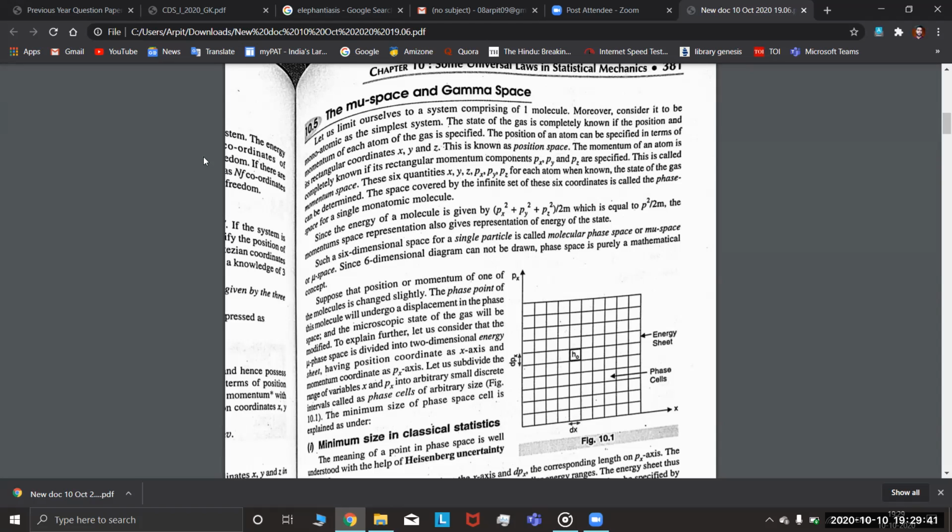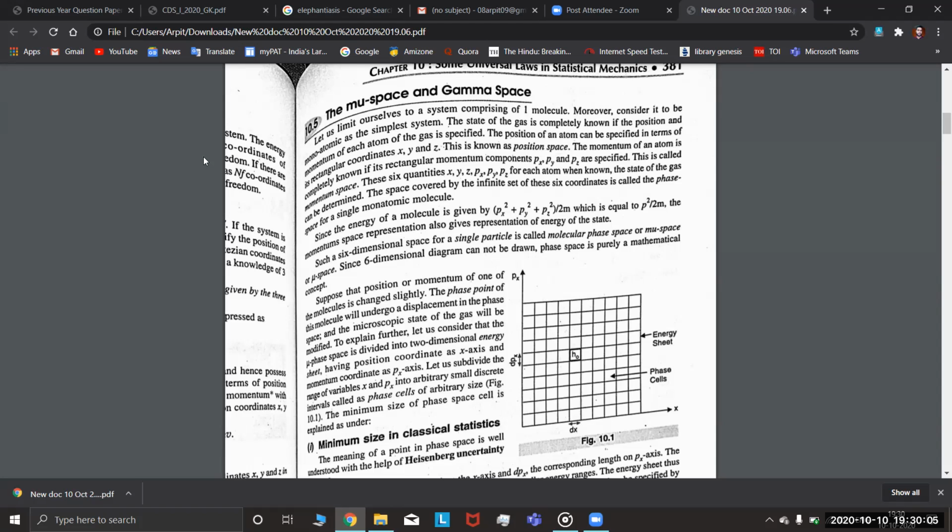For having information of any state, we just want to know about its energy and the particles residing in that system. Basically, if we have the momentum, then we have the energy also. Such a six-dimensional space of a single particle is called molecular phase space, or mu space.